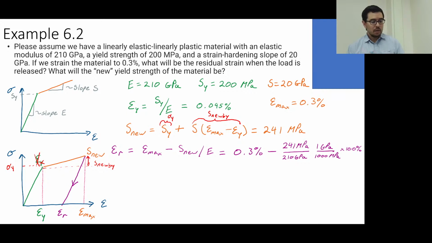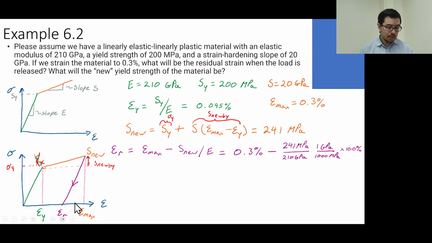And this is more complicated as well, because what we need to do is go all the way to epsilon max, right? And then we need to take S new, this new strength, and divide it by the elastic modulus, right?